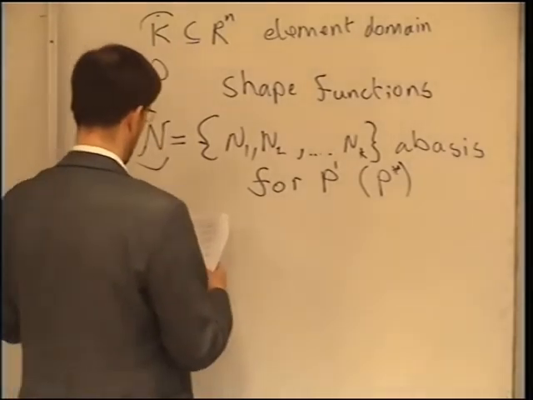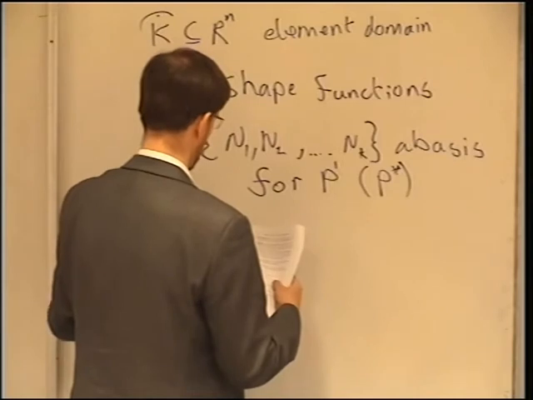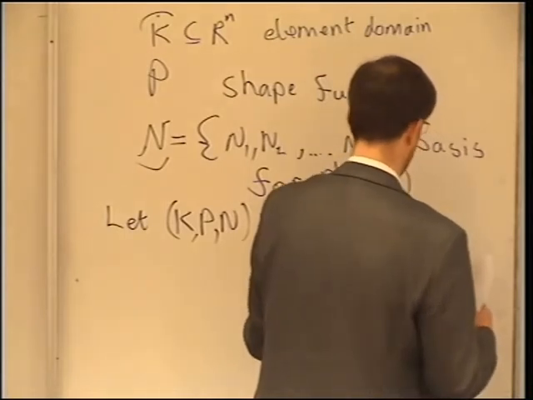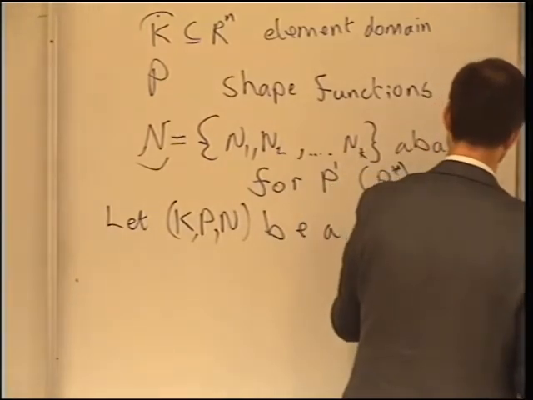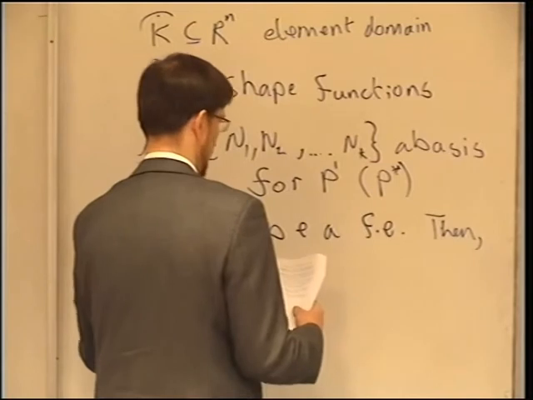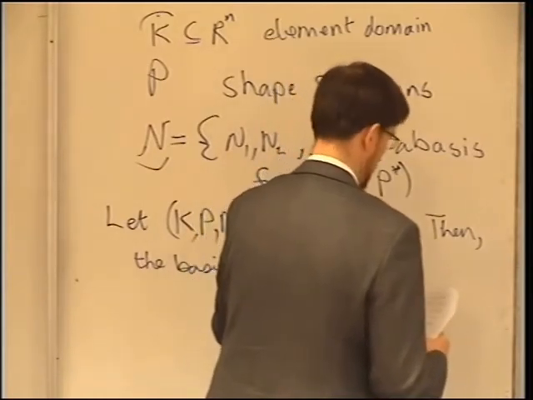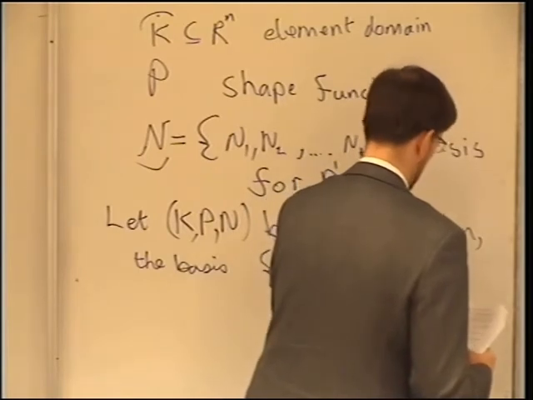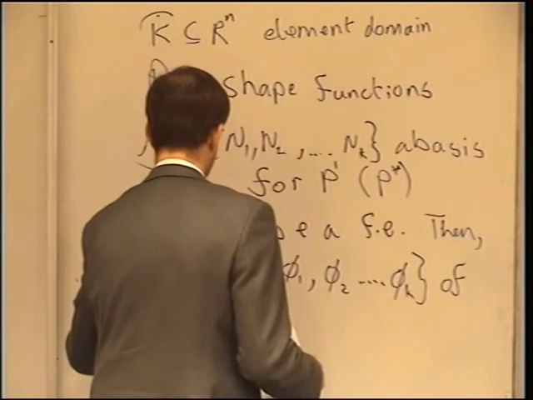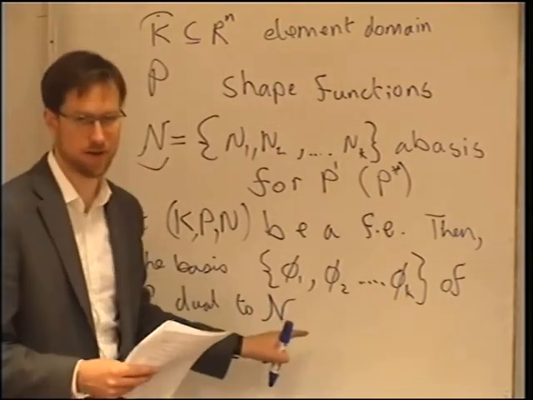So let (K, P, N) be a finite element. Then the basis phi 1, phi 2, all the way up to phi k of P, which is dual to N. So N is my set of nodes, and I'm going to tell you what dual to N means in a second.